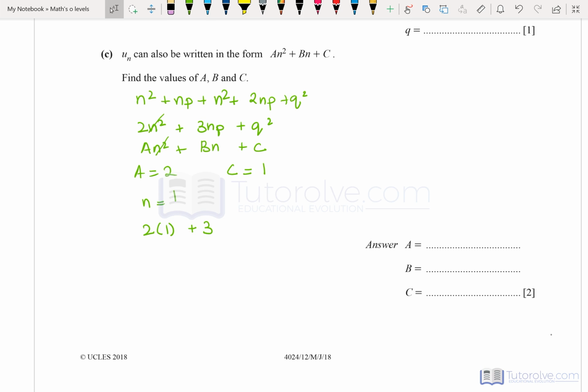Sorry, we're using not the 3 but this one right here, so this is a single bn plus 1. This is going to be P, n is 1 because we're taking term number 1, plus 3 is equal to 7. If we solve for P, our answer would be 4. And so a is 2, b is 4, and c is 1.